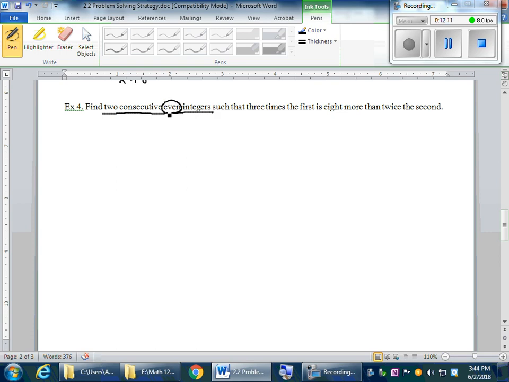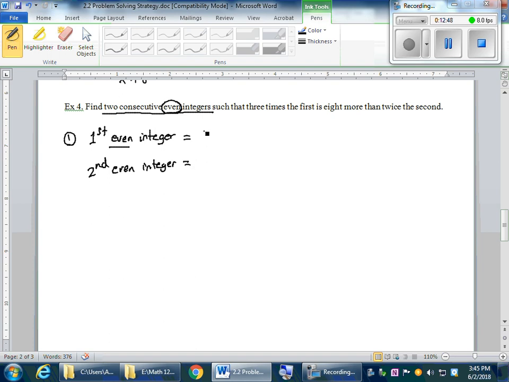So when I assign the variable, I should specifically say first even integer, because earlier in the chart we already noticed that consecutive even integers and consecutive odd integers have the same algebraic expression. So it is very important that you indicate the first number is even or the first number is odd. So now I have the second even integer.